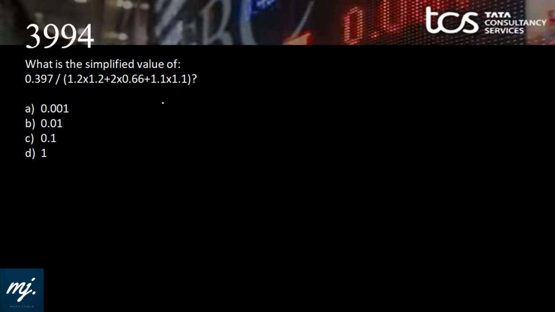Okay, one more simplification, but it looks like an algebraic identity to me. Let's see. If 1.2 is A and 1.1 is B, then this is A square, this is B square, and this should be 2AB. 1.2 into 1.1 is how much? 1.32.